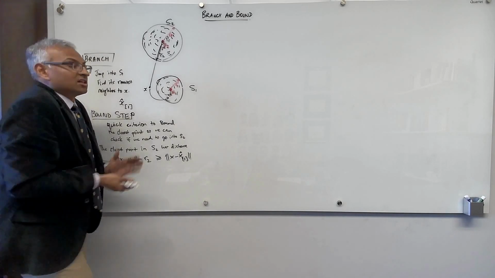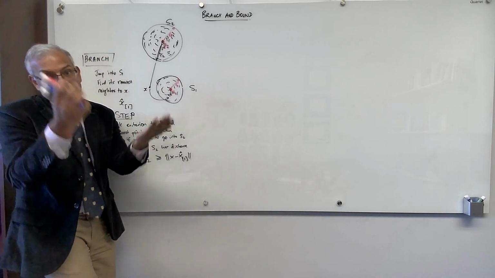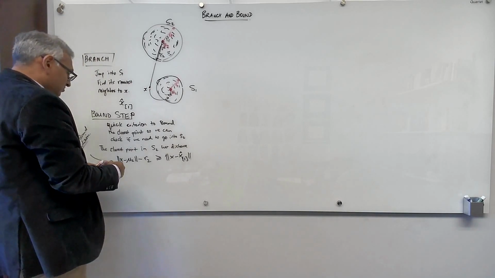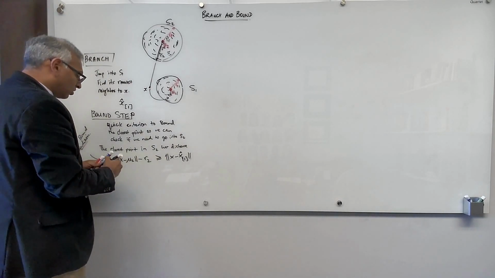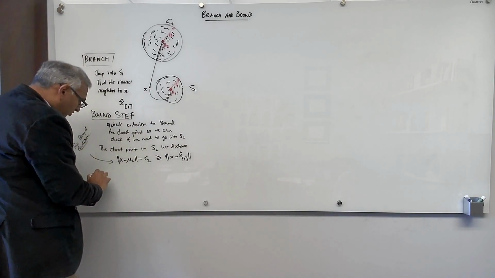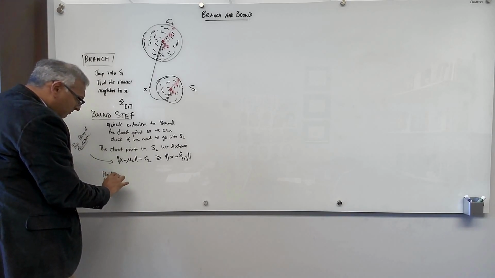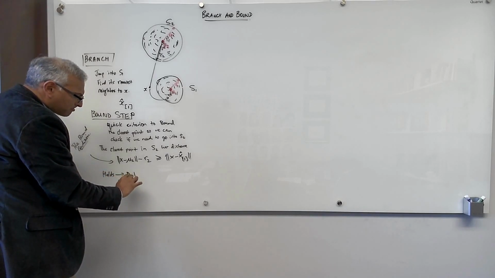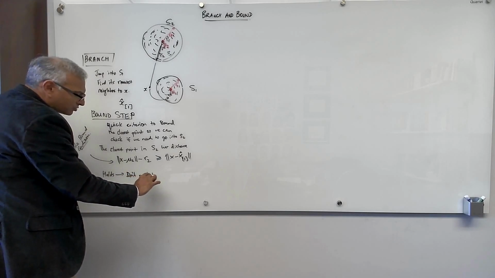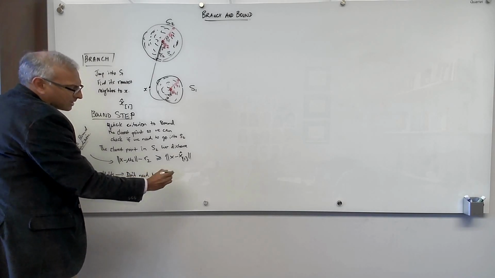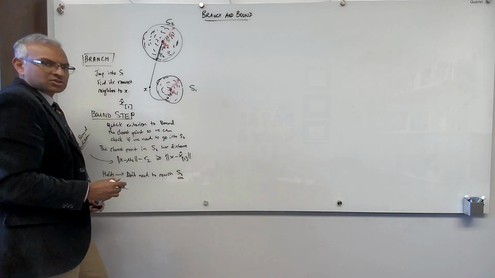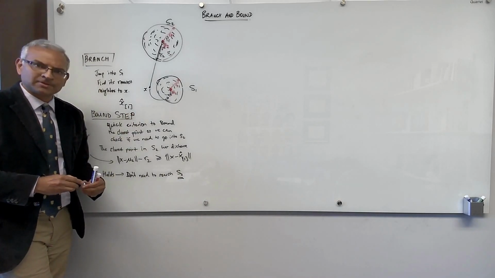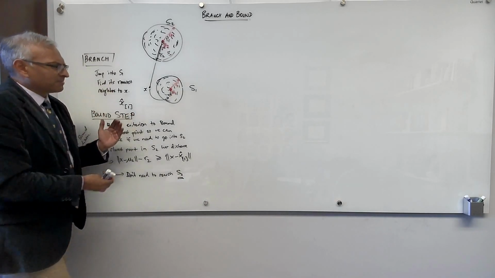And so we save ourselves a huge amount of search, maybe half the search. If this bound condition holds, it implies you don't need to search S2. And so we have saved roughly half the work. And that's it. That's the branch and bound algorithm.